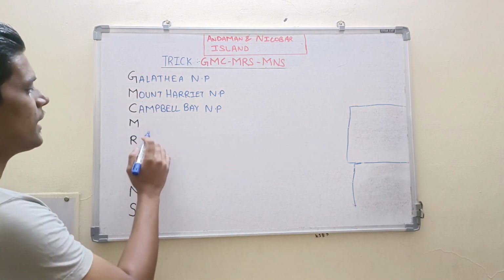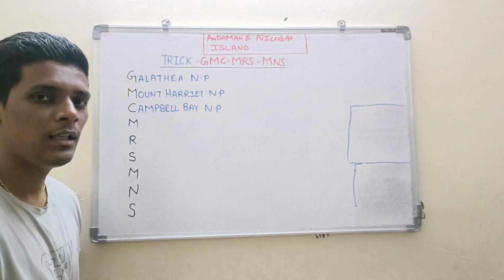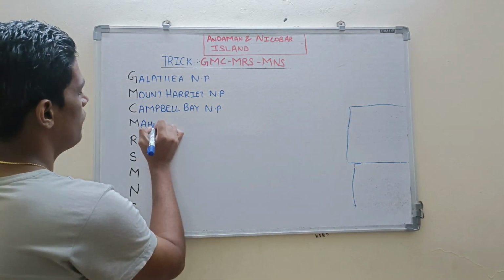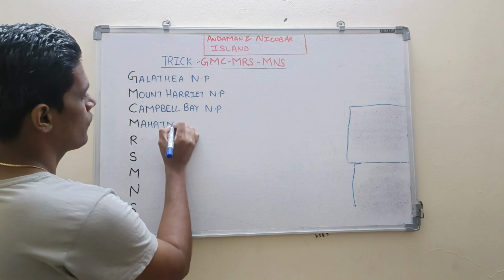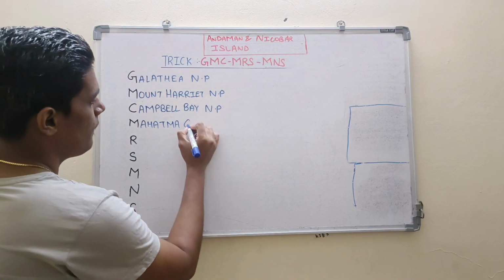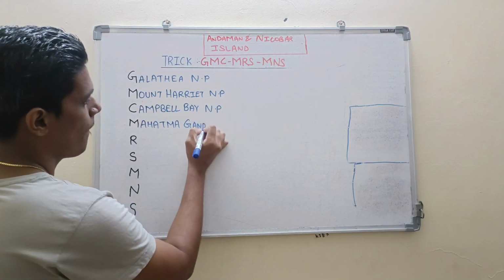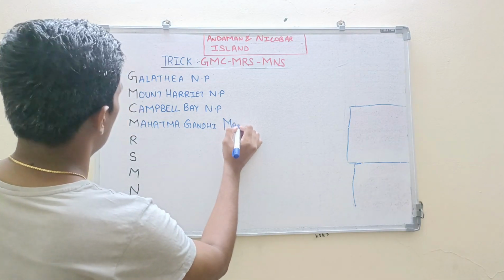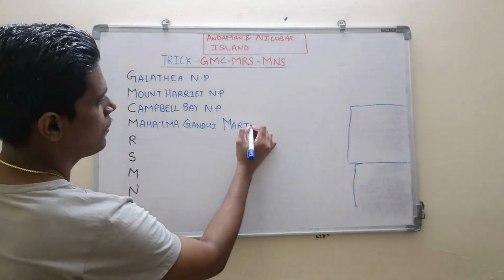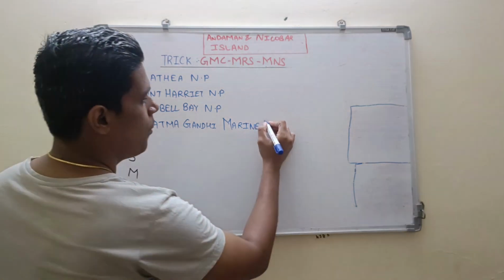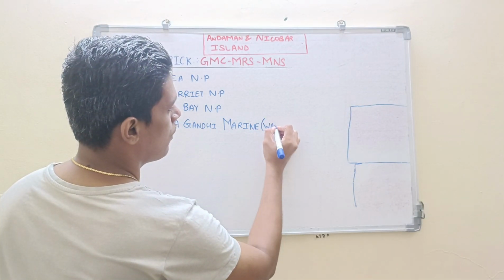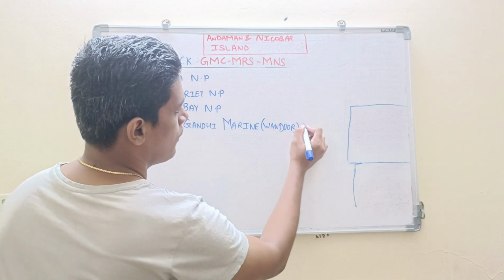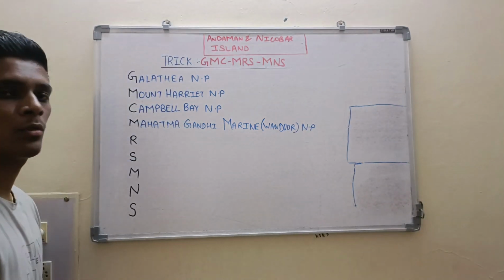For example, M stands here for Mahatma Gandhi Marine Wonder National Park. Okay.